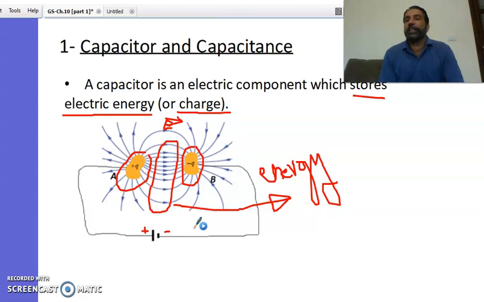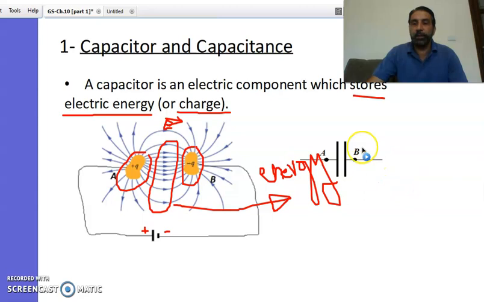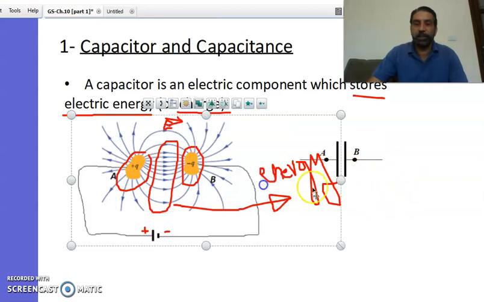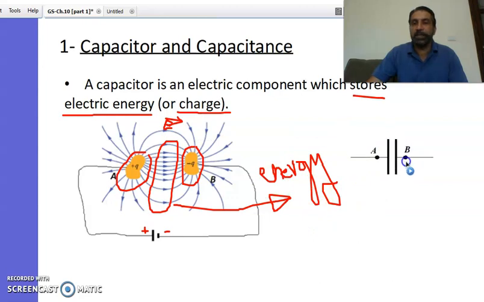What is the structure of this device or component? The structure is simple. It just consists of two conducting surfaces separated from each other by vacuum or air or dielectric material, which is called the insulator. Good. Now, what is the symbol of this capacitor? Here is the symbol.